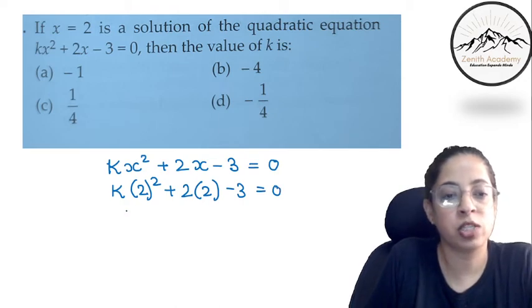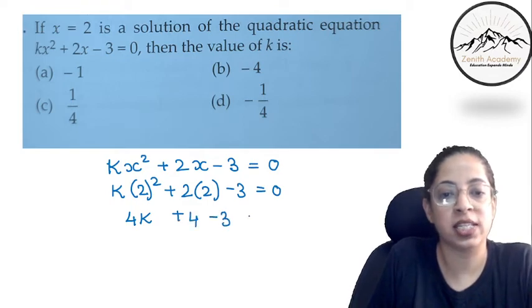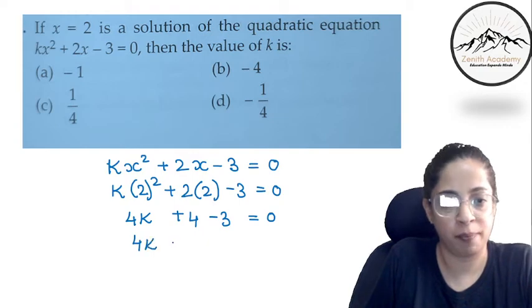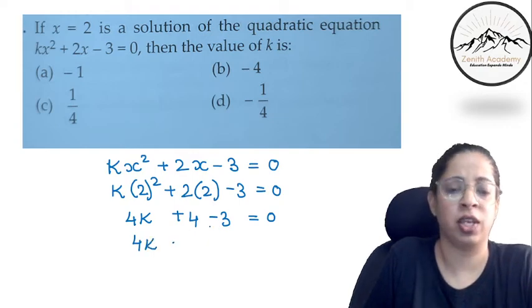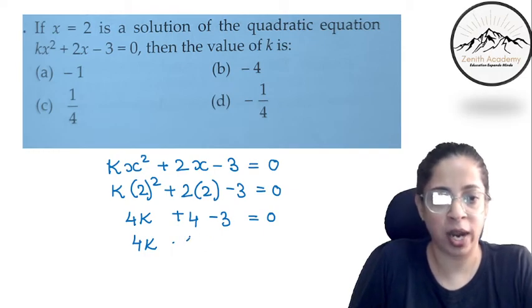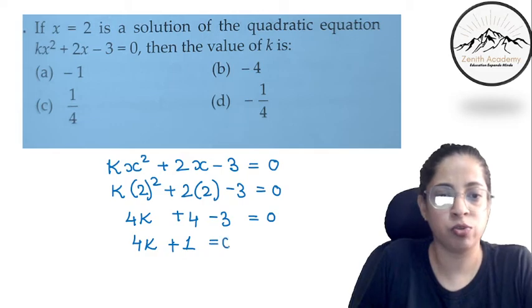So 2 square is 4. So 4 into k is 4k, plus 4 minus 3 is equal to 0. Here 4 minus 3, both are different signs, so we subtract them and put the sign of the bigger. So plus 1 is equal to 0.